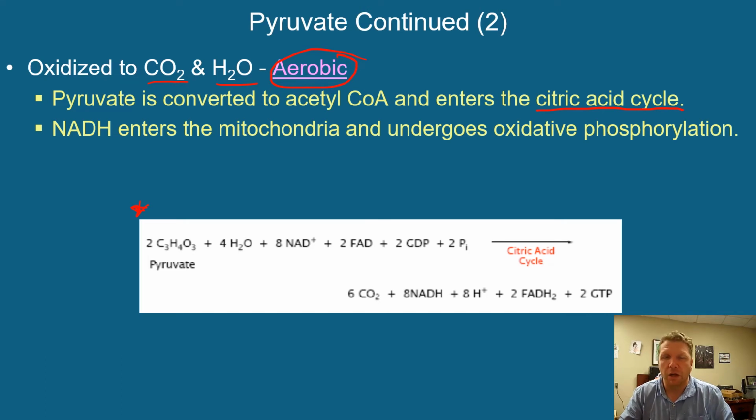If you think about this upstream, it took 1 glucose to make these 2 pyruvates. These 2 pyruvates are paired with 4 waters, 8 NAD, 4 FAD, 2 GDP, plus 2 inorganic phosphates to produce 6 CO2, 8 NADH, 8 H+, 2 FADH2, and 2 GTP.